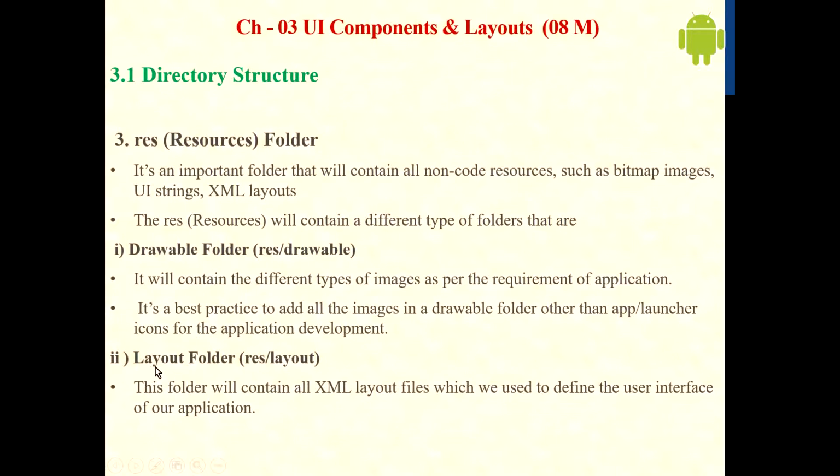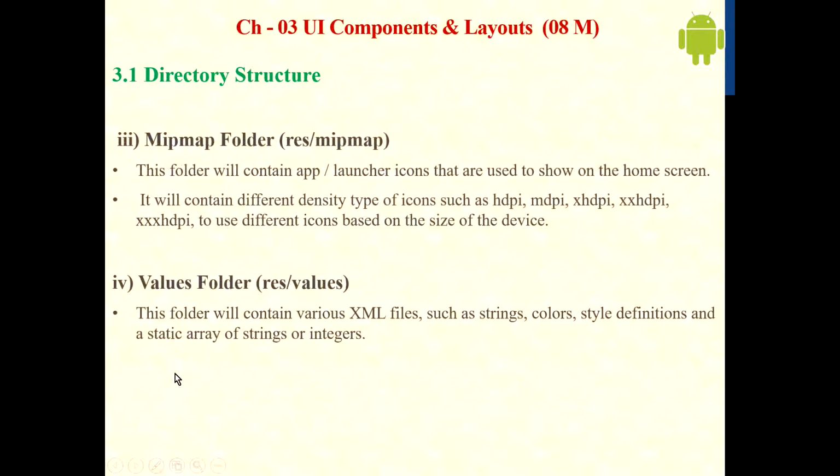Then the next folder is the layout folder. This folder will contain all the XML layout files which we use to define the user interface of our application. So any layout file is present in the layout folder. Then the mipmap folder. This folder will contain the app launcher icon that is used to show on the home screen.